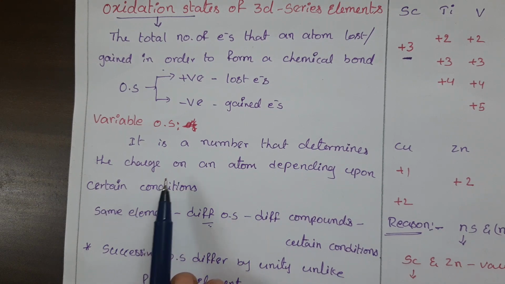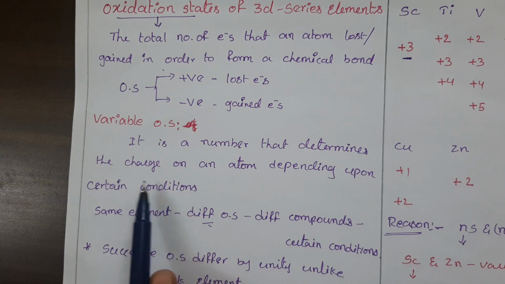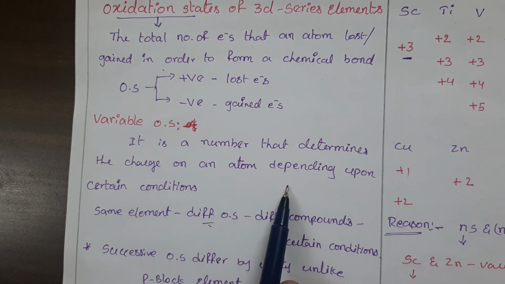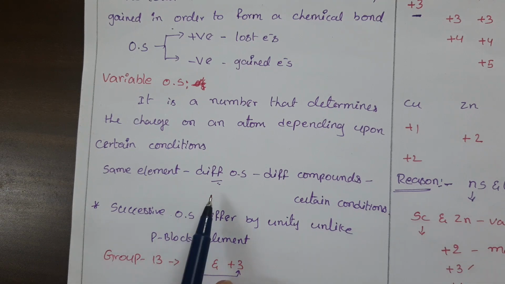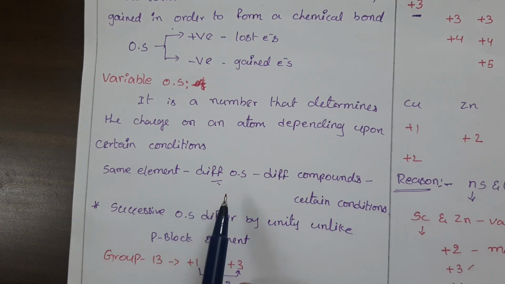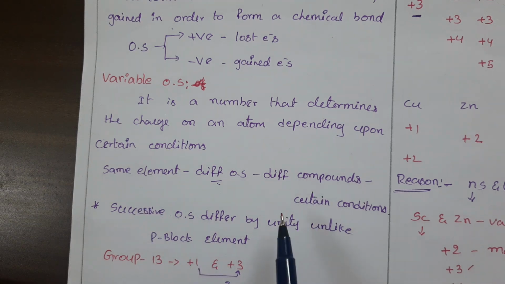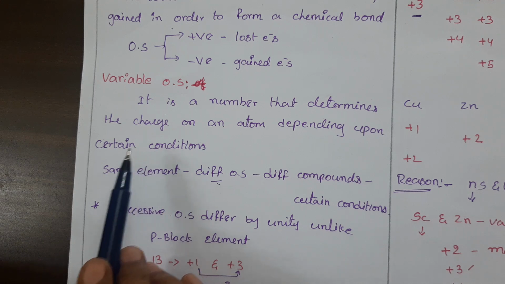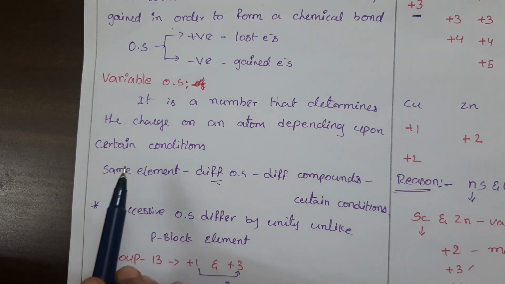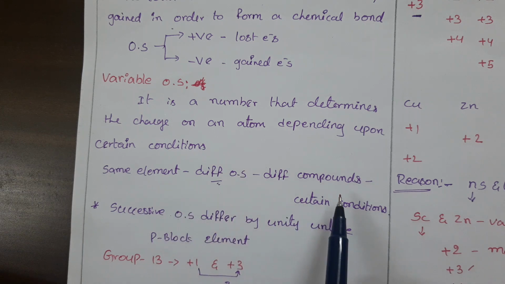Next is variable oxidation state. Variable oxidation state is a number that determines the charge on an atom depending upon certain conditions. The same element can show different oxidation states in different compounds under certain conditions, which is called variable oxidation state. It is one of the properties shown by the D block elements, especially the transition elements.